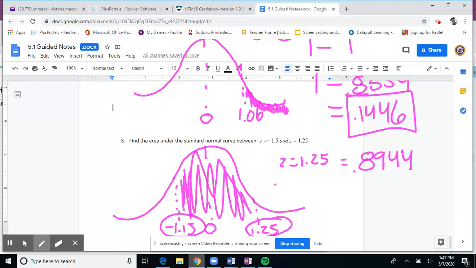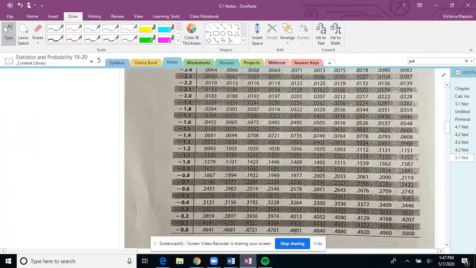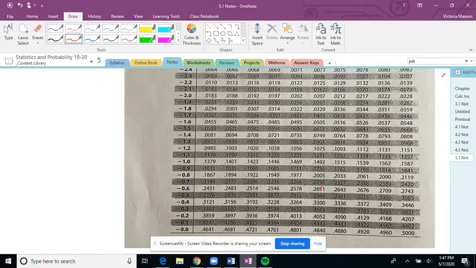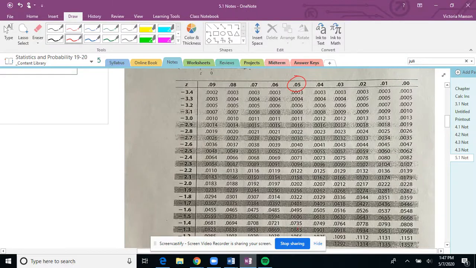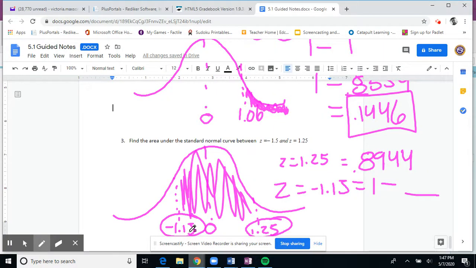Then for z equals negative 1.15, we want 1 minus whatever that value is. So negative 1.1, and this row, 0.1251. So 1 minus 0.1251, we get 0.8749.